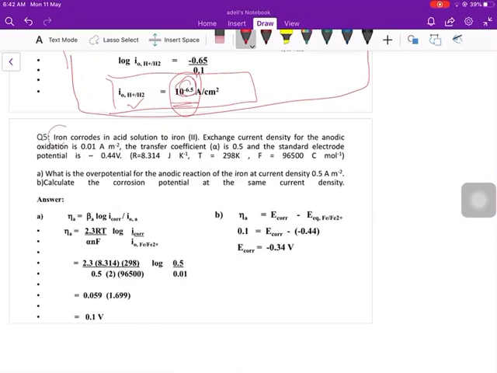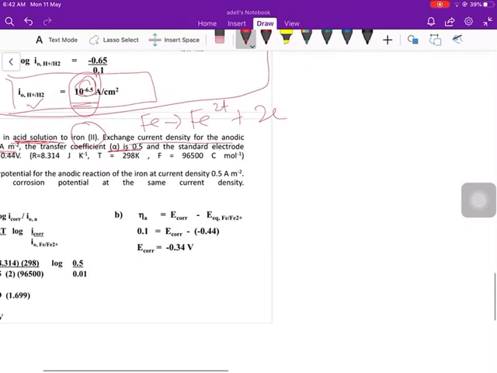Okay, and the final question, last question, question 5. Iron, this is the material, corrodes in this solution, an acid solution, to iron 2+. Iron will dissolve to Fe2+ and release 2 electrons. So the exchange current density for the anodic oxidation is given as 0.01, and this is alpha.